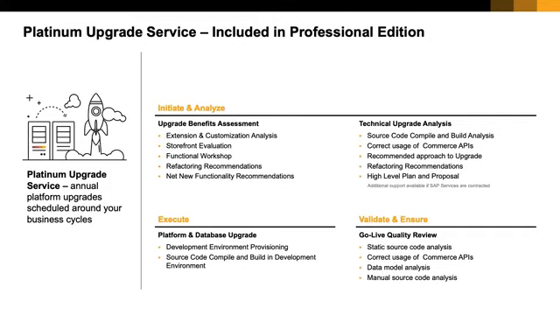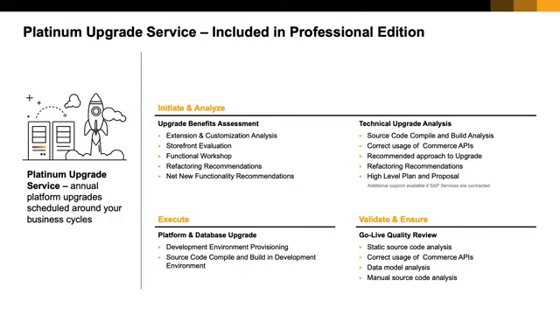Then we provision an additional environment for you. Let's say that you have a dev environment, a staging, and a production environment on CCV2. On top of that, we provide an additional temporary dev environment just for the upgrade. We do the upgrade in the additional environment, but this is just the platform and database upgrade.